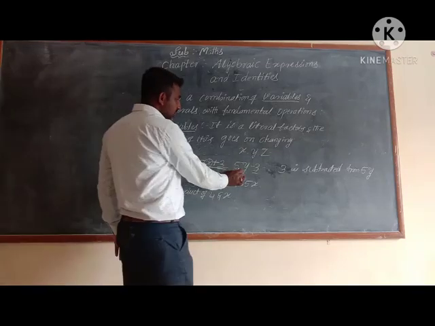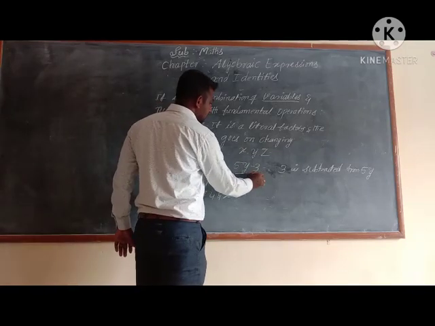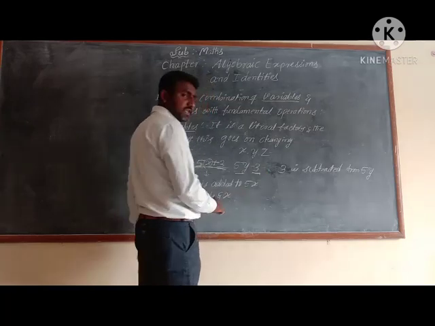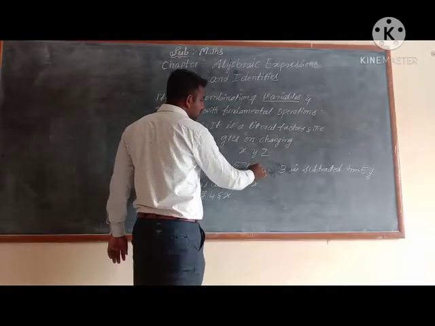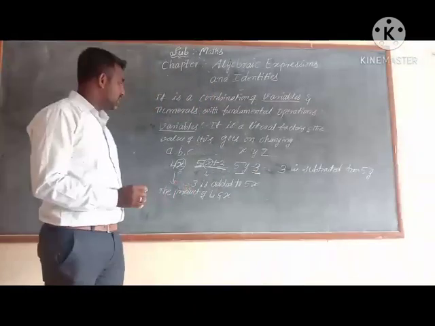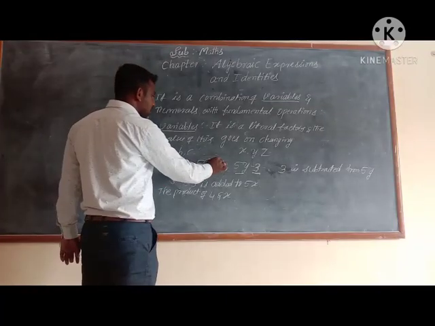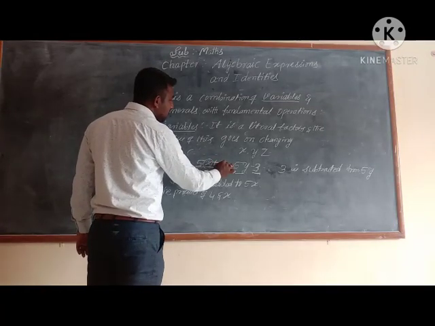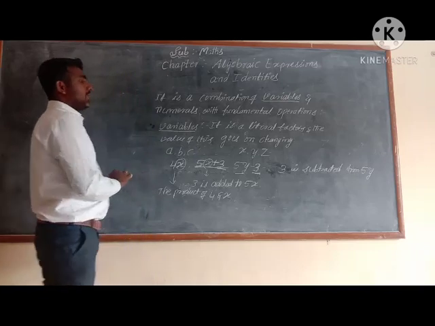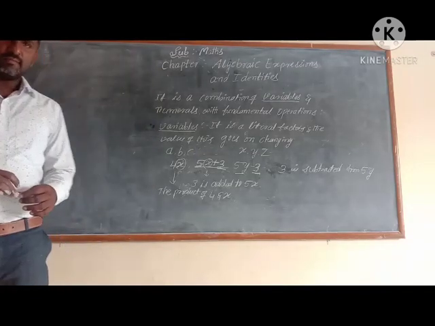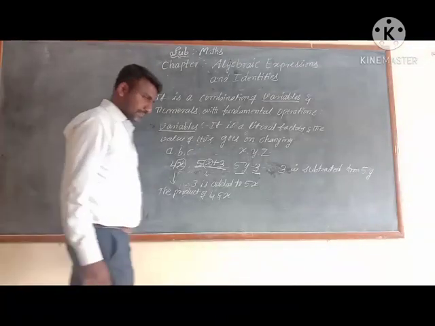We see that in 5y minus 3, the 3 is called the constant. The value of 3 does not go on changing. Okay, then we go to the next concept.